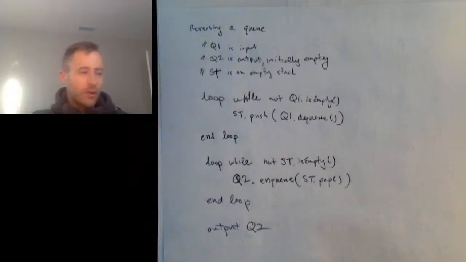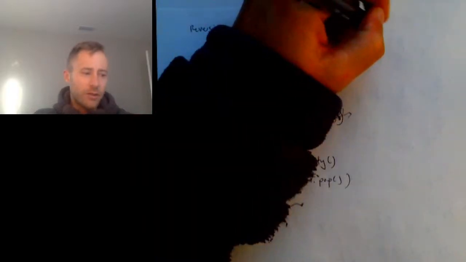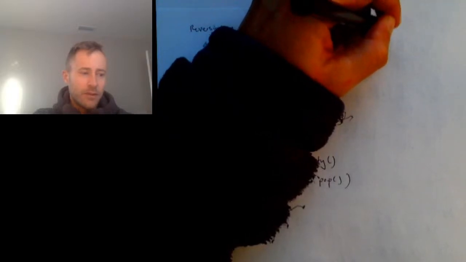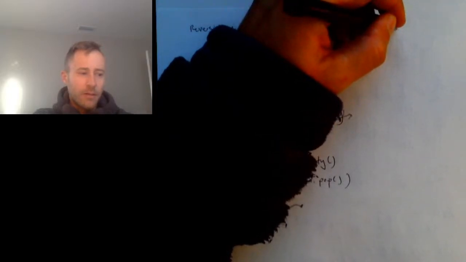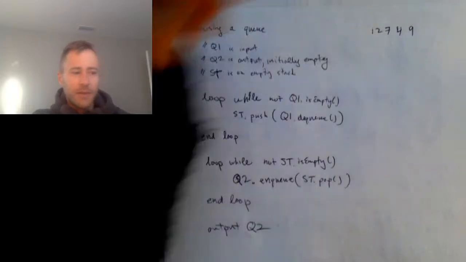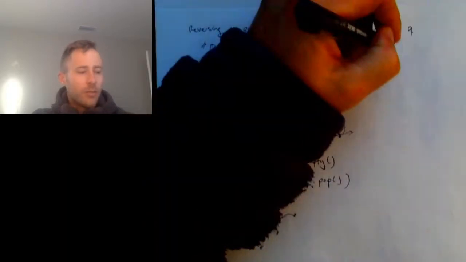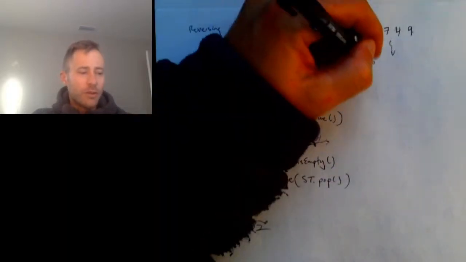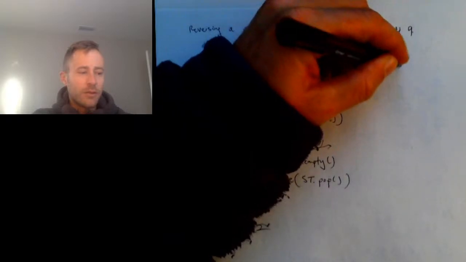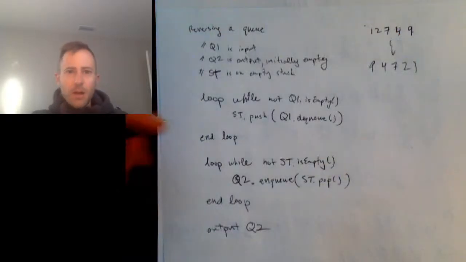If you recall, a queue has 1, 2, 7, 4, 9, where this is the front of the queue and that's the end of the queue. We want to reverse the order so that it's 9, 4, 7, 2, 1.